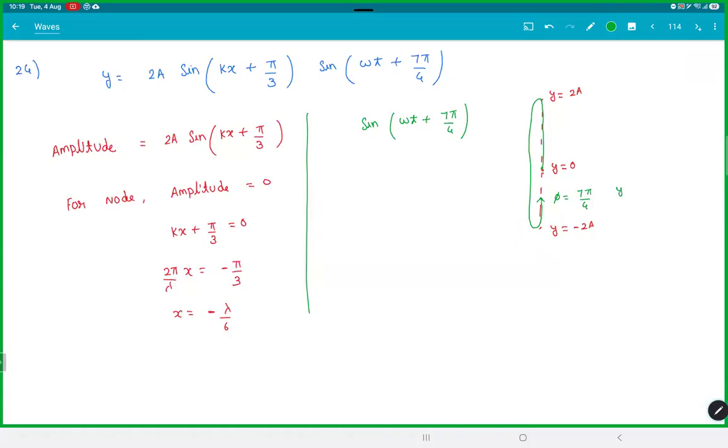So this coordinate y must be minus 1 by root 2 times the amplitude, which is 2a. So that means the string is below the mean position at 1 by root 2 times the amplitude. So this is the final position of the string. The dotted line is the natural length. The string is below the mean position.